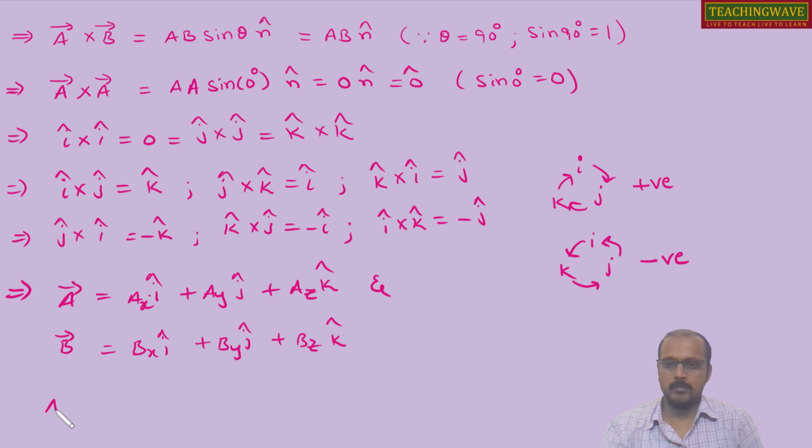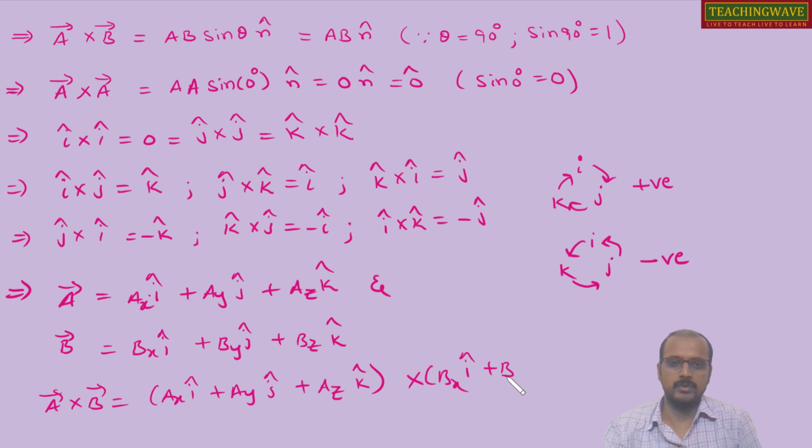Then a bar cross b bar we can write as ax I cap plus ay j cap plus az k cap cross bx I cap plus by j cap plus bz k cap.